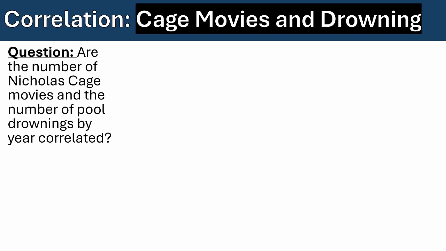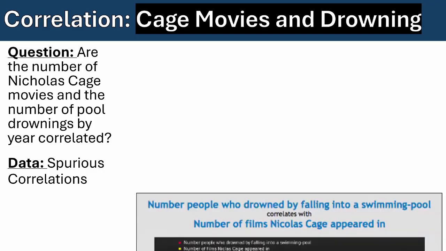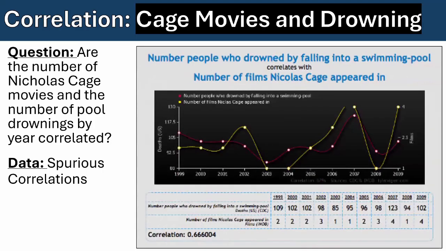All right, maybe let's switch over to correlation, 2 numerical variables. Maybe I can ask the question, are the number of Nicolas Cage movies and the number of pool drownings by year correlated? So this comes from a semi-famous example in statistical tests or training about how correlation does not imply causation.